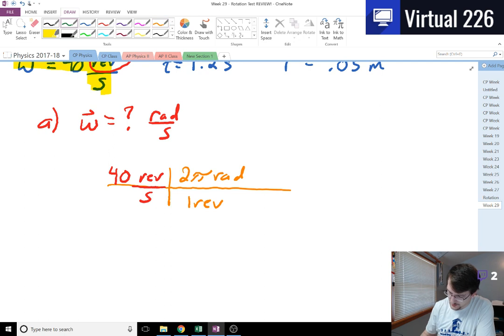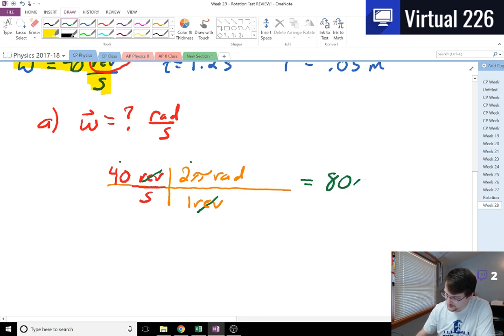So if I work this out, my revolutions divide out. I have radians per second, and it's nice to leave angular quantities in terms of pi. That's just a mathematical thing we do because we like thinking about pi values. So 40 times 2 gives us 80 pi radians per second.